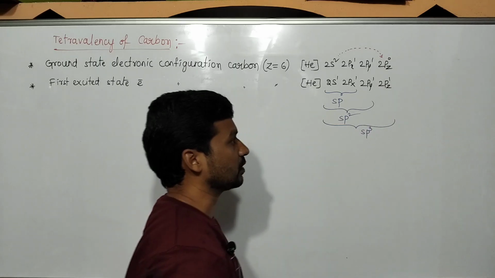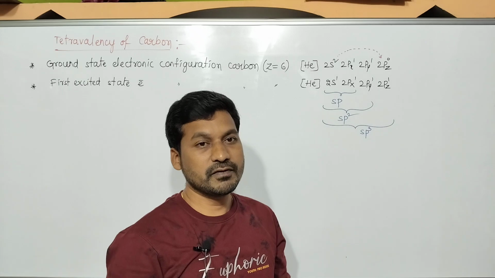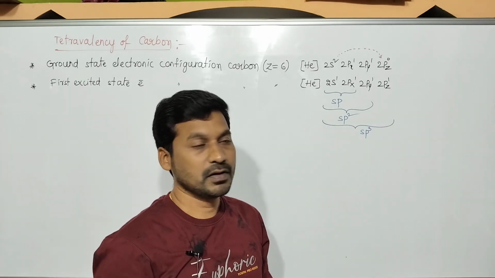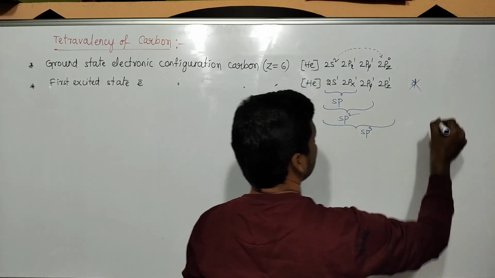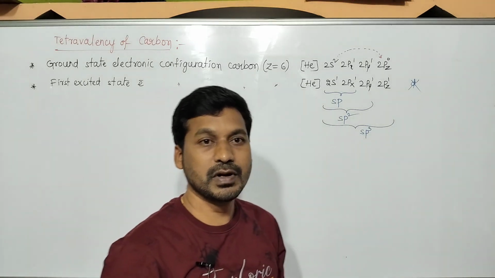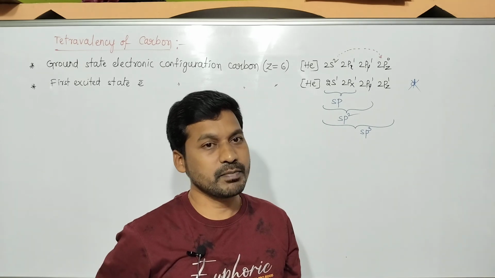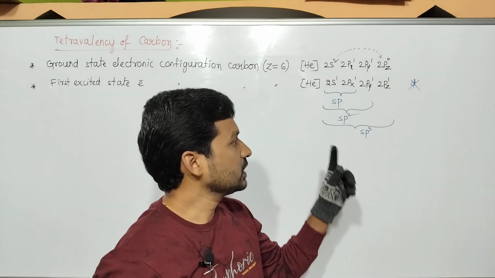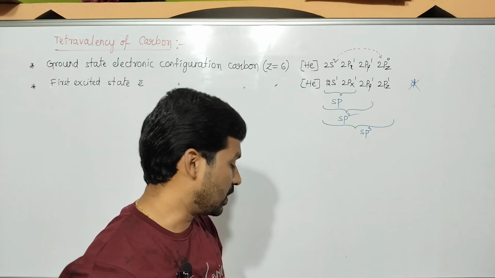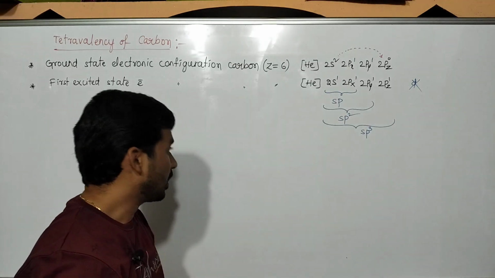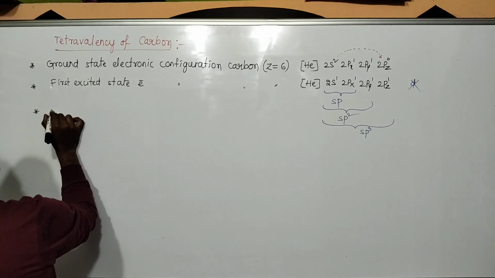But there is no chance for carbon to involve sp3d hybridization because of the absence of d orbitals. D orbitals are absent in the second shell. That's why carbon cannot involve d orbitals in hybridization, and we can only see sp, sp2, sp3 hybridizations for the carbon atom.